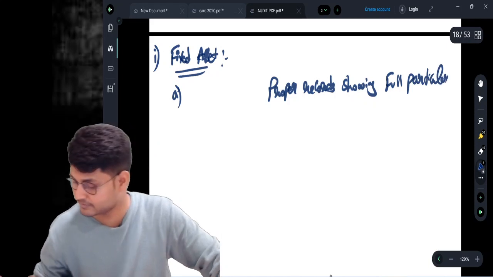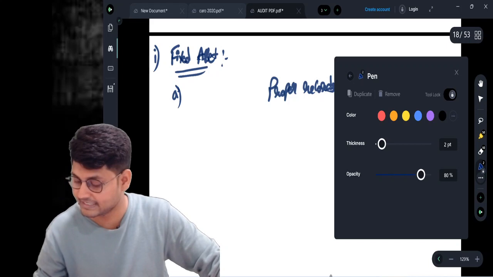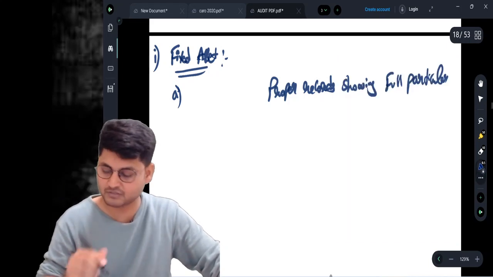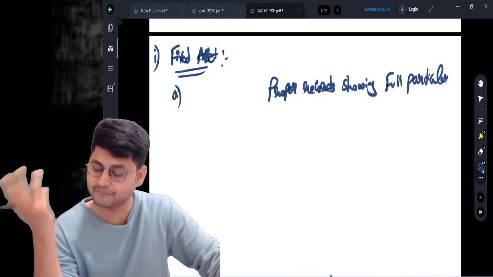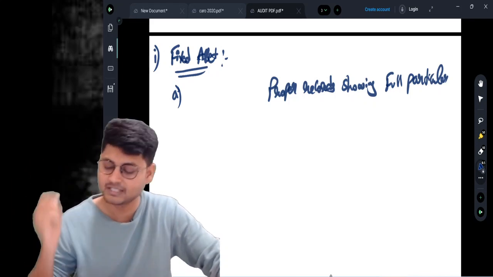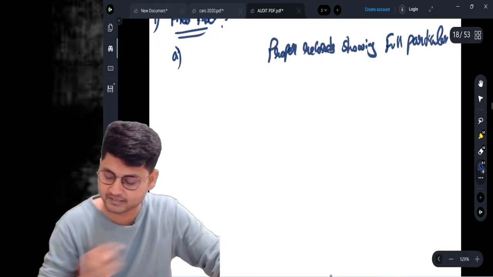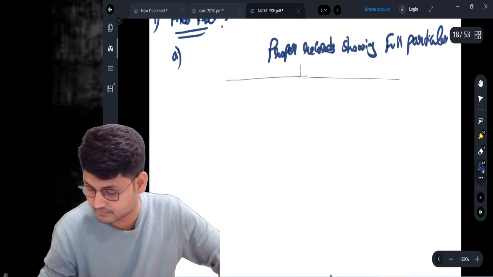Whatever is to be maintained must be maintained in full. What is the cost of the asset, when it was purchased, when it was sold, everything. Fixed asset register, in fact. That is called a proper record. Proper record showing full particulars, and it is divided into two parts.